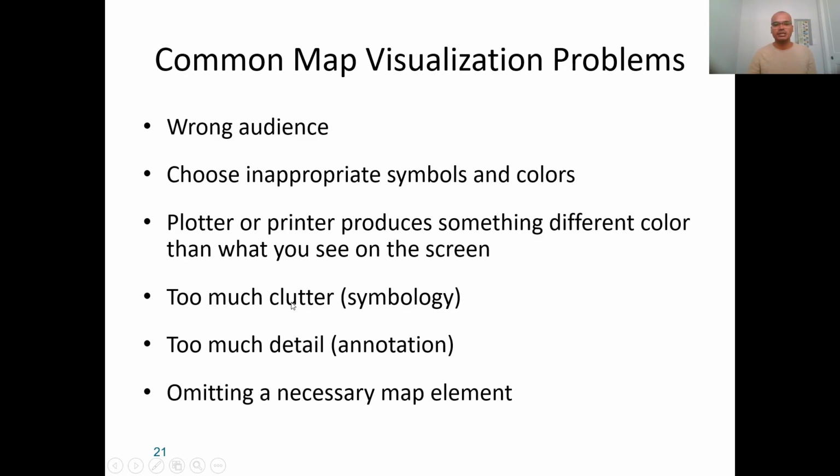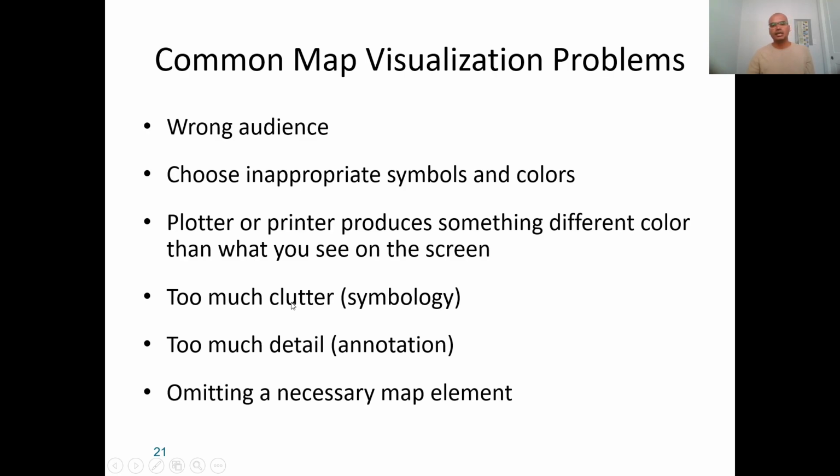So depending upon scale, you have to choose your symbology and annotation. For example, if it is a large scale map, you can add street names, no doubt about it. But if it is a small scale map, you can't. Even for a highway number, in one or two places you can use it, not at frequent locations or every road section, because it will add more detail and affect the data behind it.